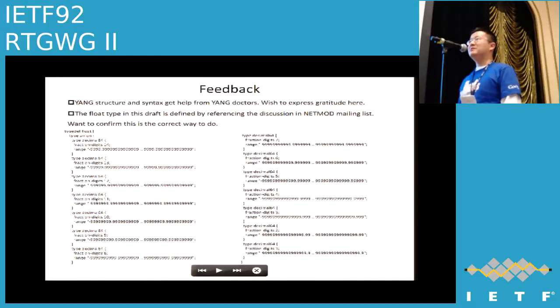What I used here is from some discussion I found in the mailing list in January this year, but the discussion ended without conclusion. So what is here is currently some kind of best current practice, and I'm not sure whether this is a correct way to go. Okay, next please.